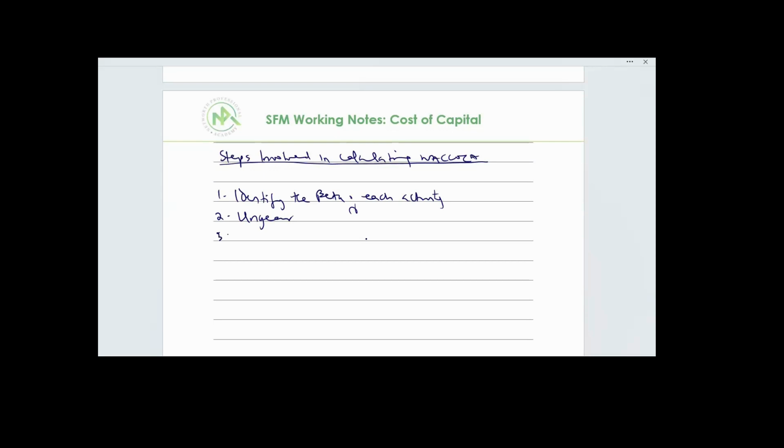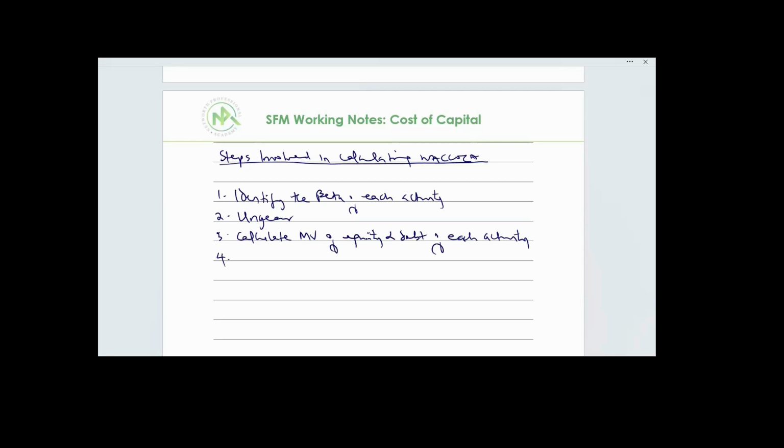Step 3, calculate market value of equity and debt of each activity. Okay.